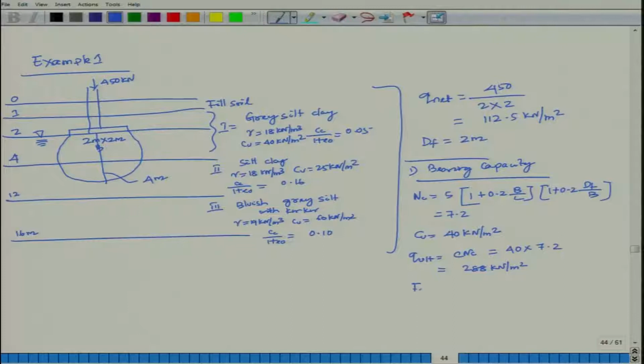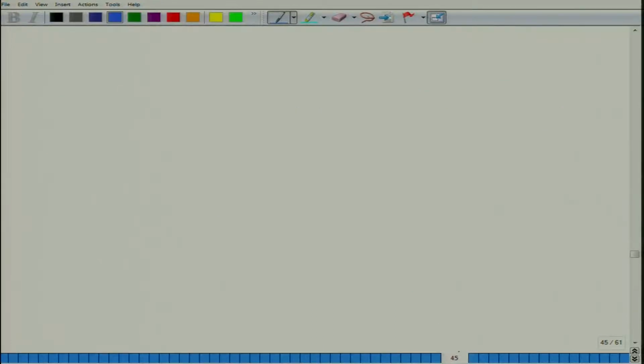So factor of safety is equal to q ultimate by q net, which is 288 by 112.5, which is equal to 2.56, greater than 2.5, which is okay. Now come to your settlement calculations.